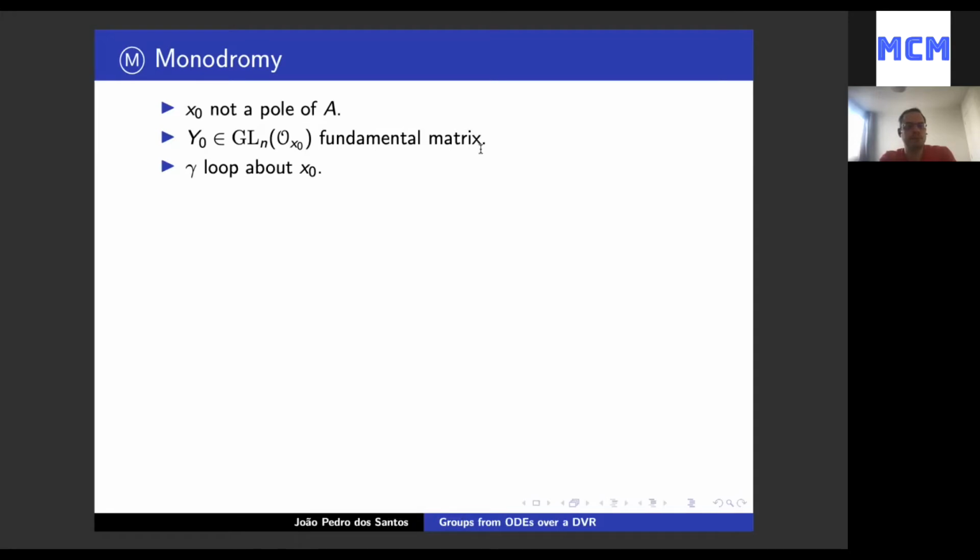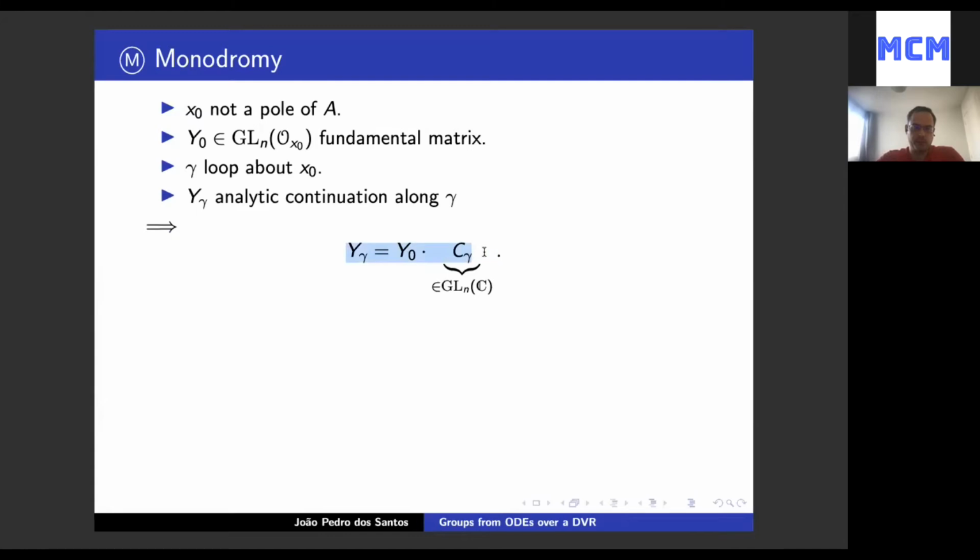When you continue, you take a loop about x_0 and you prolong the solution, so you get your analytic continuation along this path gamma. Since Y_0 is a fundamental matrix, any other matrix will be related to Y_0 by a multiplication by a constant matrix, just like it is written here.